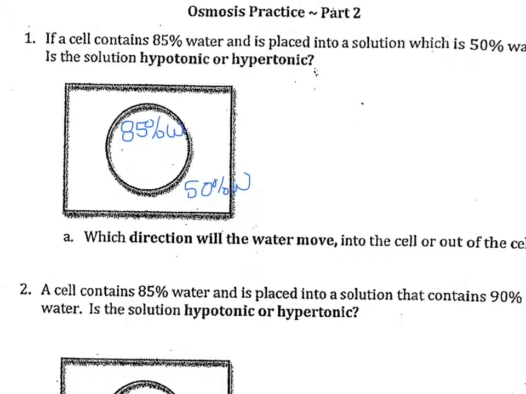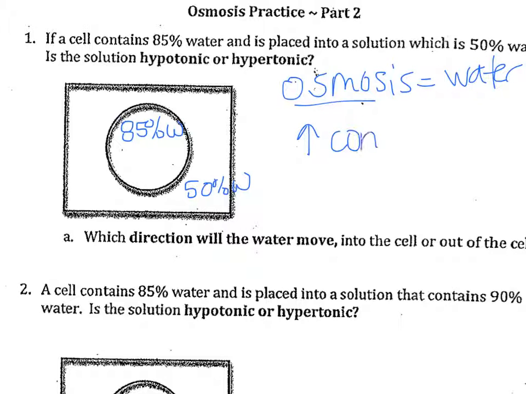Well, first of all, we know that osmosis is the movement of water, and water moves from an area of high concentration to an area of low concentration.